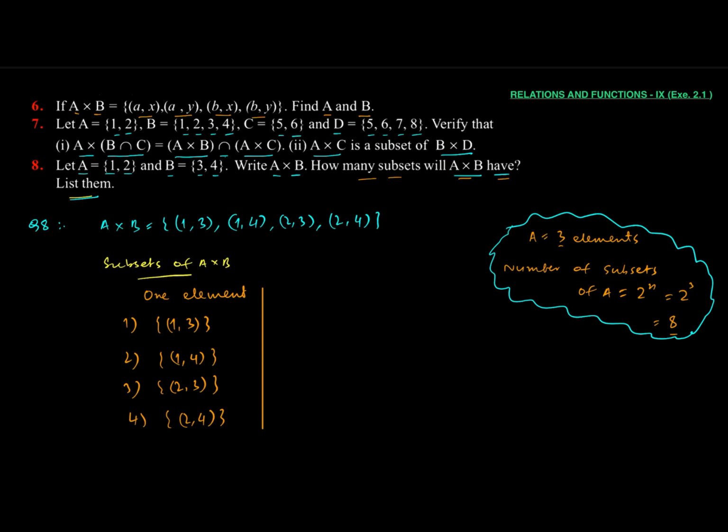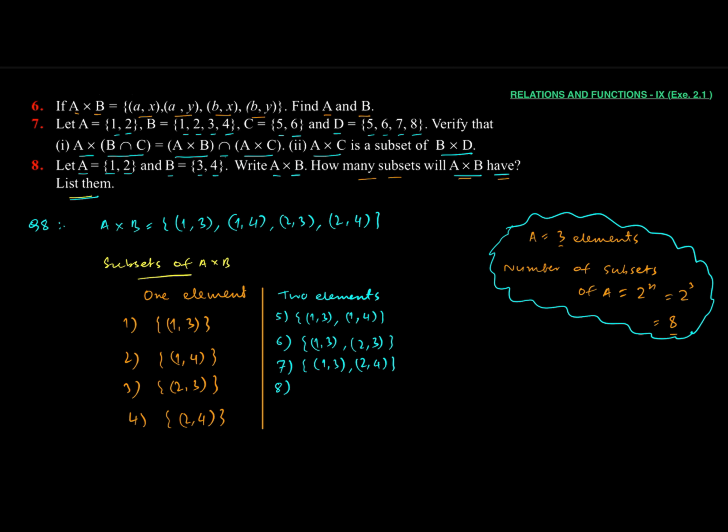Now let us take the subsets containing 2 elements. Now this will be our fifth subset. It will be having elements 1 comma 3, 1 comma 4. The sixth subset will be 1 comma 3, 2 comma 3. The seventh subset will be 1 comma 3, 2 comma 4.